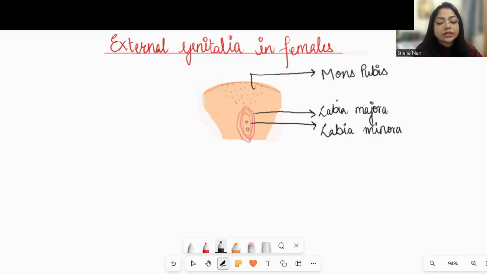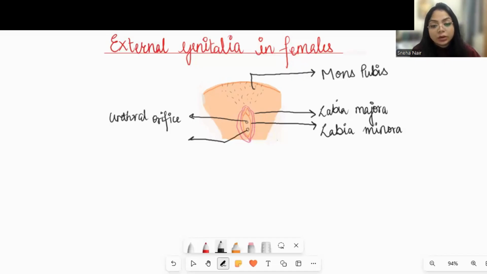So here there is the urethral orifice, and this is the vaginal orifice, that is the external opening of the vagina.